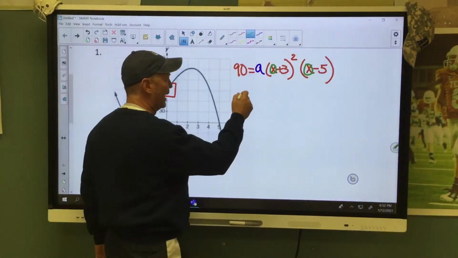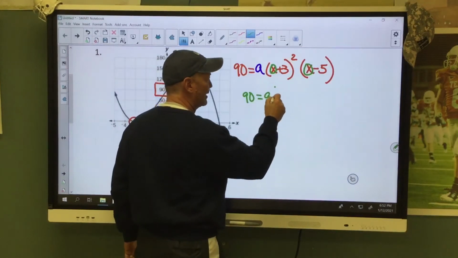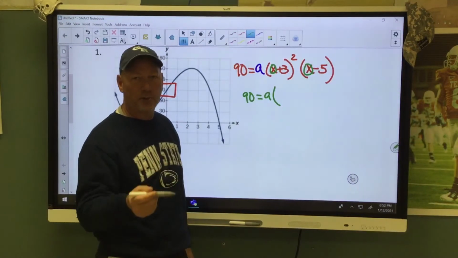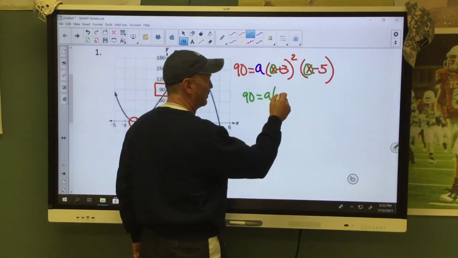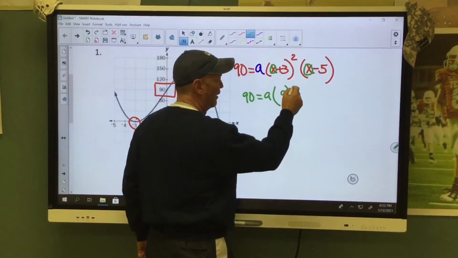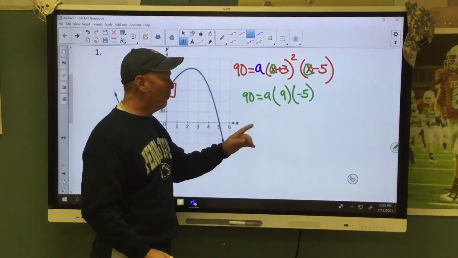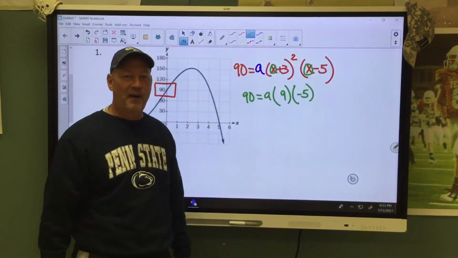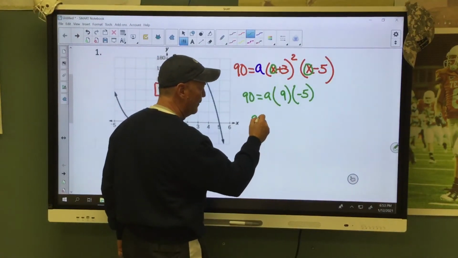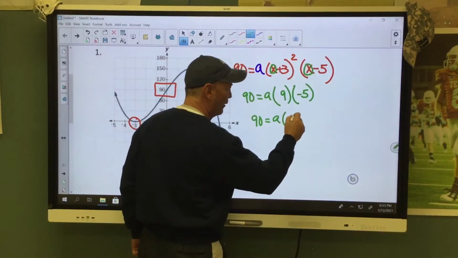This will leave us with 90 equals a times 0 plus 3 is 3. 3 squared is 9. 0 minus 5 is a -5. When we multiply 9 times -5, I get -45. So now we're looking at 90 equals a times -45.